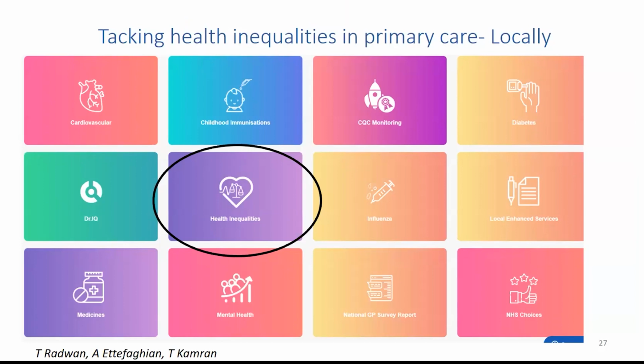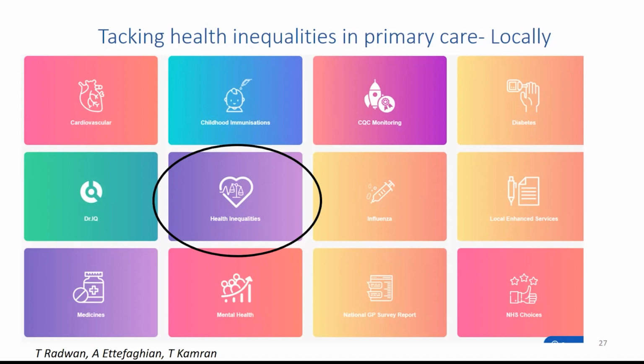So how do we tackle health inequalities locally in our practices? The contract specification for the PCN requires that PCNs formulate a co-produced plan to tackle important locally identified issues. So within my PCN, we created a specific health inequalities dashboard. That's what you see now.